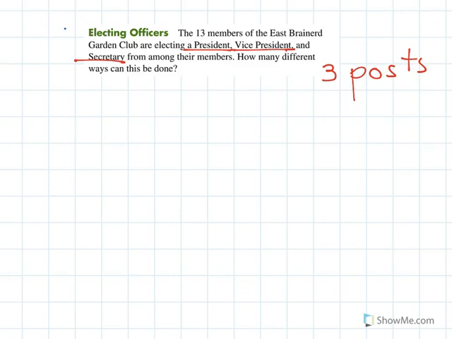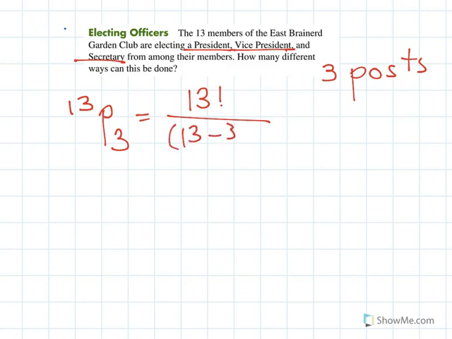So basically the answer will be, I have 13 members, and I'm choosing from them, 13P3. Applying the formula, you're going to get 13 factorial divided by 13 minus 3 factorial.